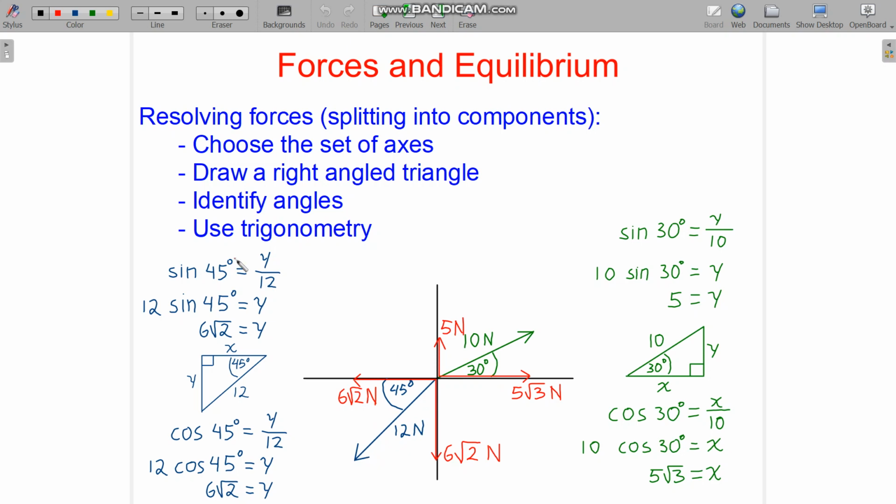We have the triangle, label the angle and the hypotenuse, and call the sides x and y. From the definition of sine, opposite over hypotenuse, we get y. Using a calculator, we get 6 root 2. Same thing with the cos, so we can split this into 6 root 2 and 6 root 2.